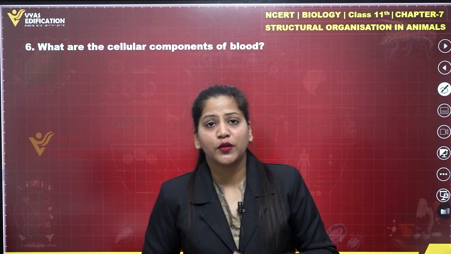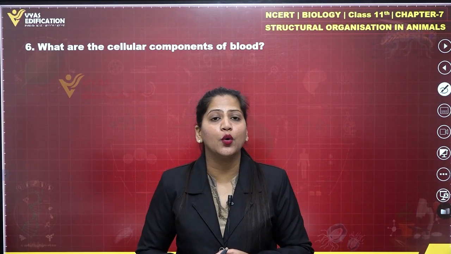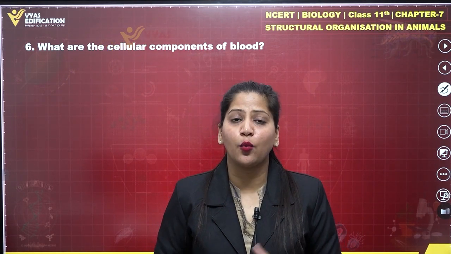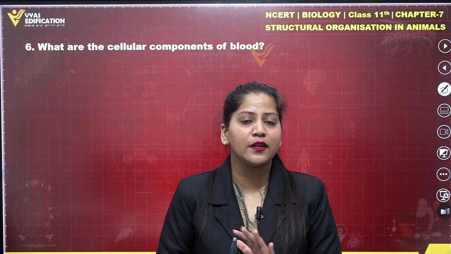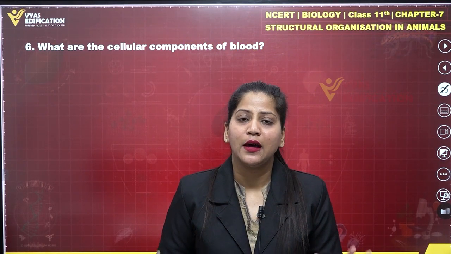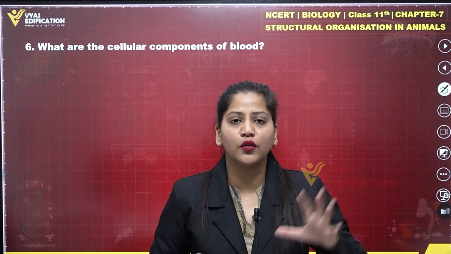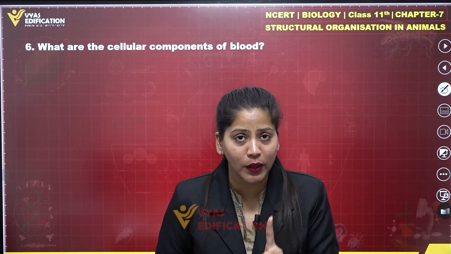Then the next cellular component of blood is the leukocyte or WBC. WBC or leukocyte means white blood cells. First of all, they are nucleated cells, and there is no regular shape of leukocytes or WBC. They are irregular shaped, but they are nucleated.